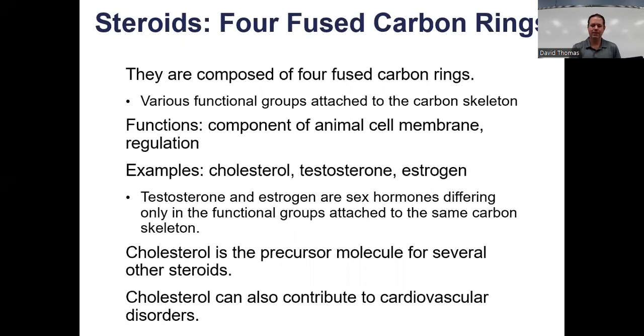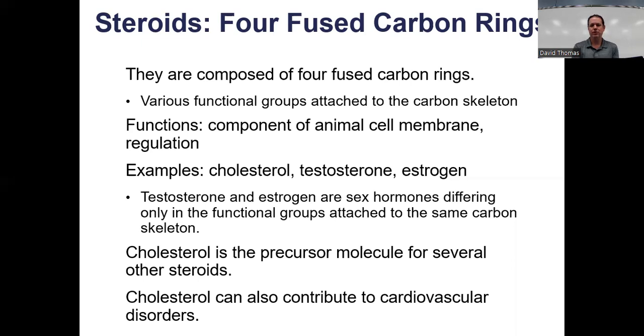The problem is many times, if we eat meats and animal products, they have a lot of cholesterol there. And so our bodies usually make enough cholesterol, but a lot of times we eat a little bit too much, or we can't process the amount that we do have. So it can cause some problems. Testosterone and estrogen, those are reproductive hormones.